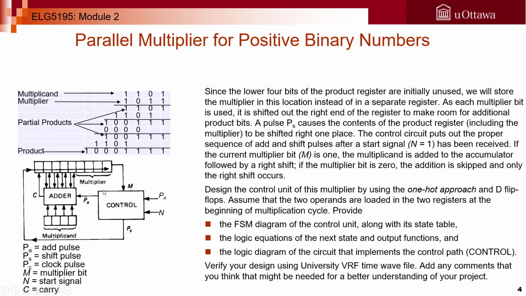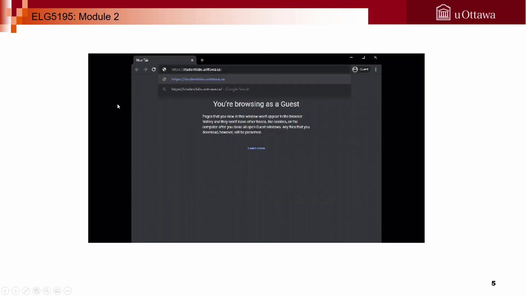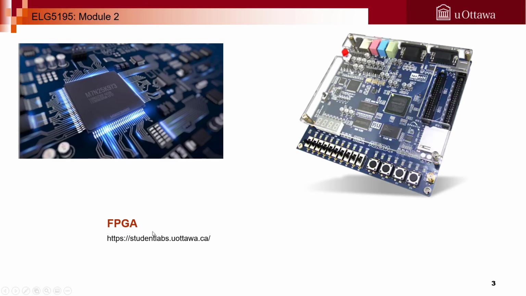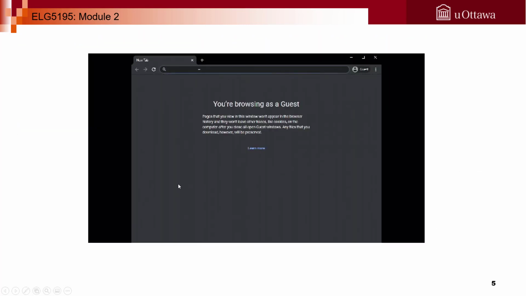In order to do this, I don't want you to design it using the pencil and paper method. No, this time I want you to go to the link provided here, studentslab.uottawa.ca, and follow whatever I've shown you here.